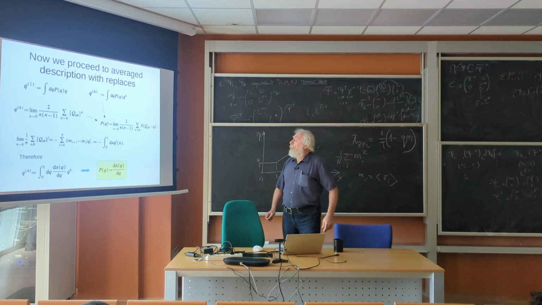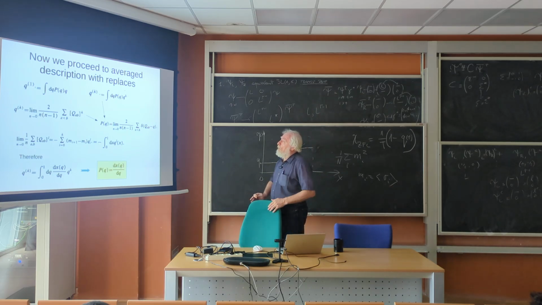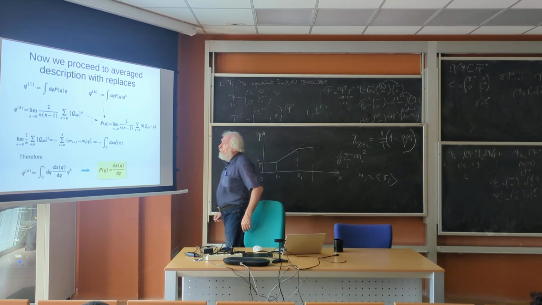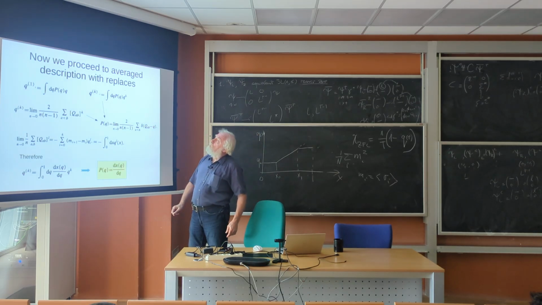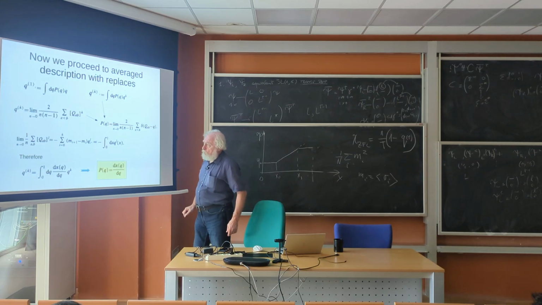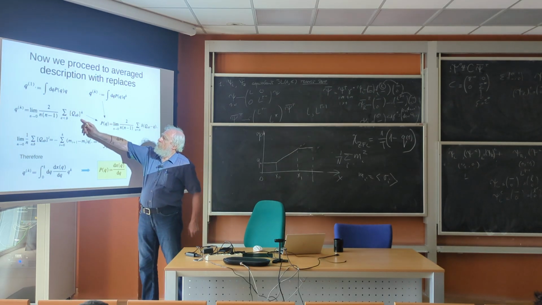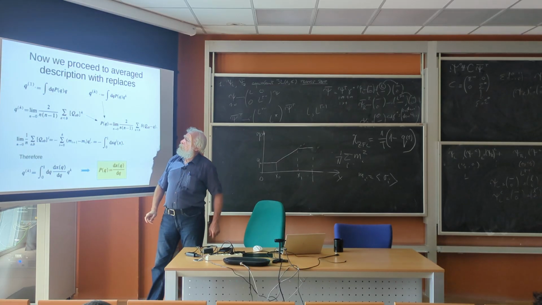So this Q correlation function in power k is the integral with distribution P of q. Here we can express it in terms of this sum over replicas with q to the power k.